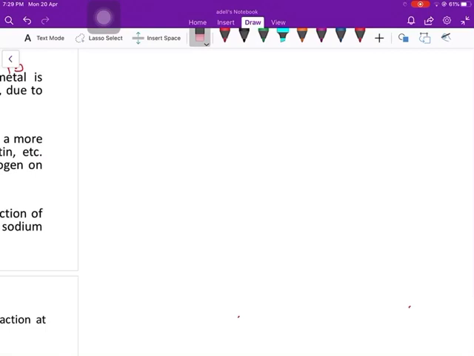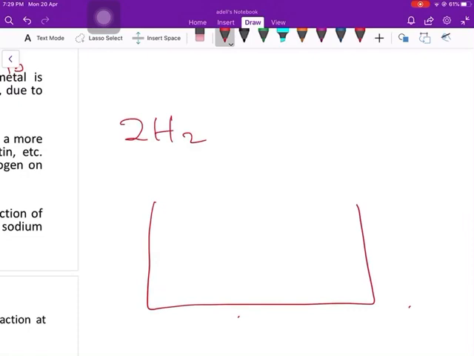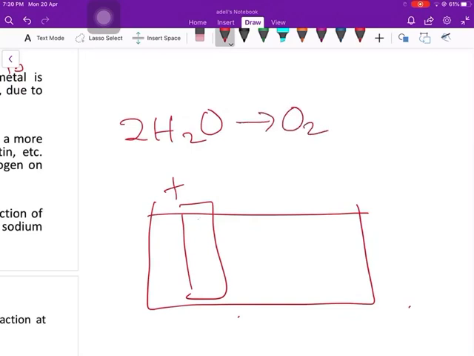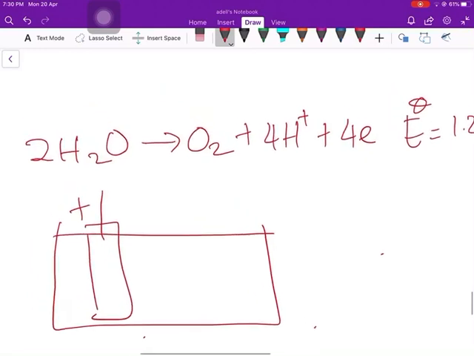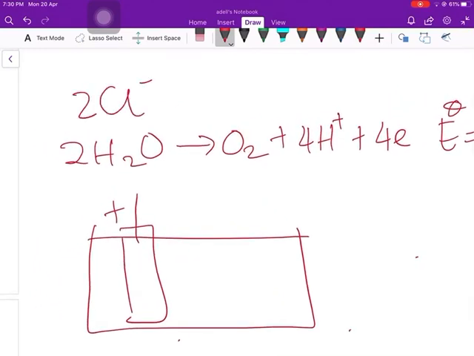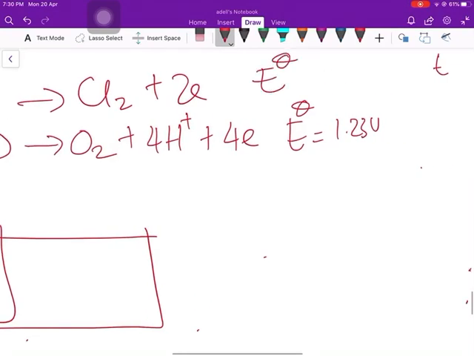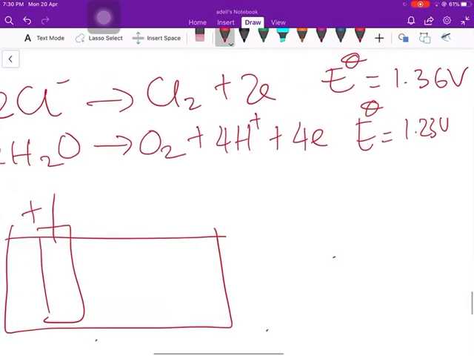If you still remember, this is the anode, positive. The anode is where oxidation occurs. For water, this value is 1.23 volt. For chloride to oxidize to chlorine, the value is higher. It's more difficult to produce chlorine.